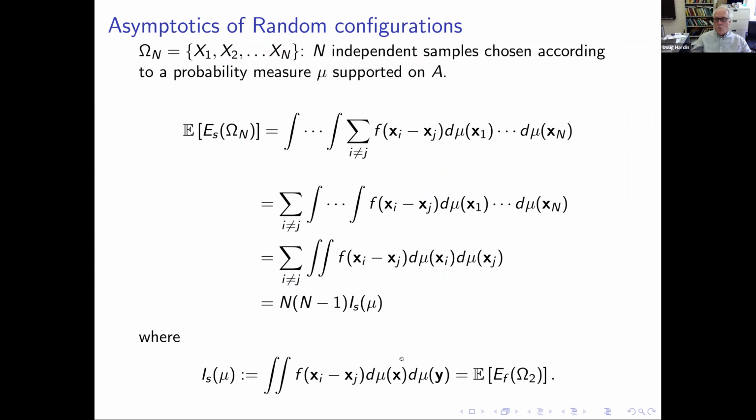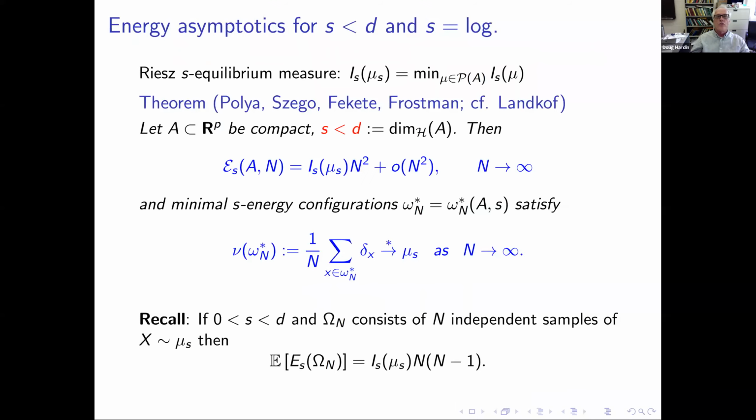Now this might be infinite. However, when it's finite, it turns out that minimizing the expected value, I'm writing this now for the case of the inverse power law, Riesz s equilibrium potential, if we minimize this expected value, then in fact this gives us the first term for the full minimum energy.